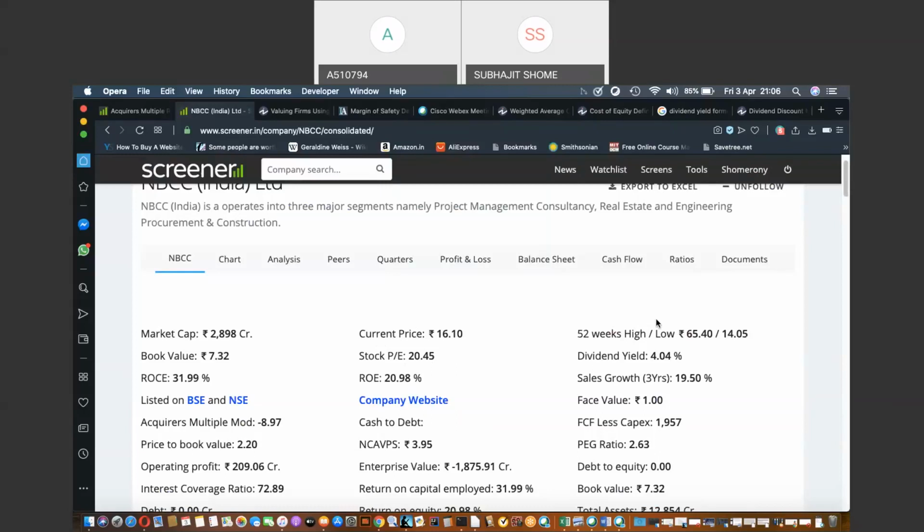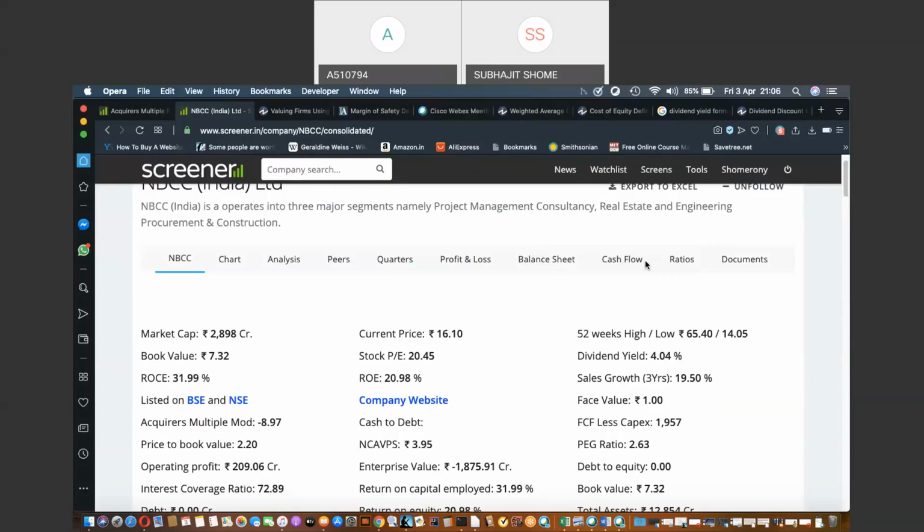We calculated intrinsic value to be 17.6, so the margin of safety price would be half of that, equal to 8.8. Is it clear?